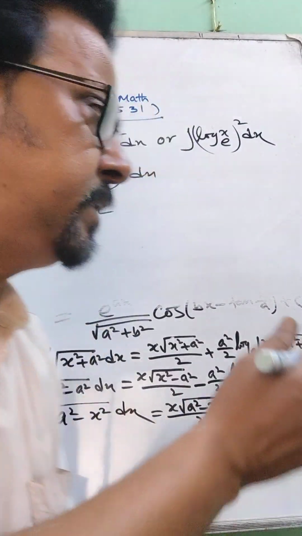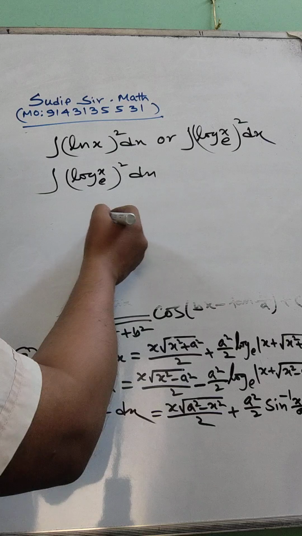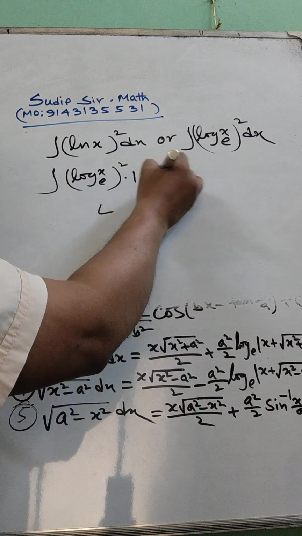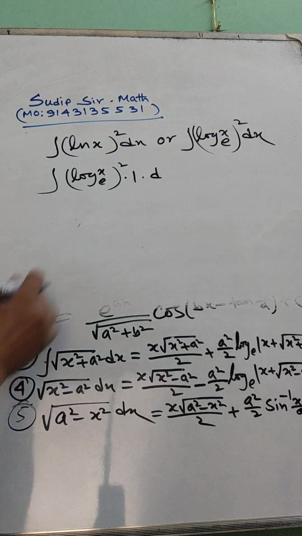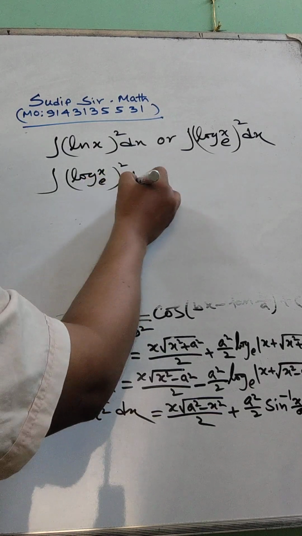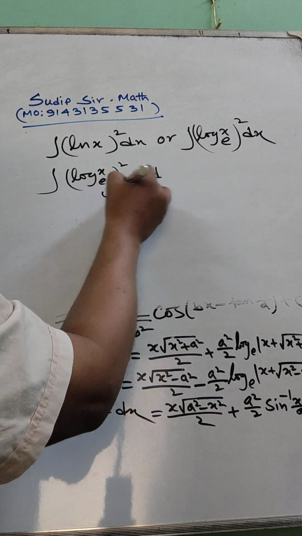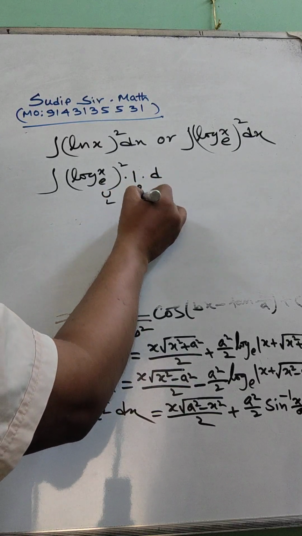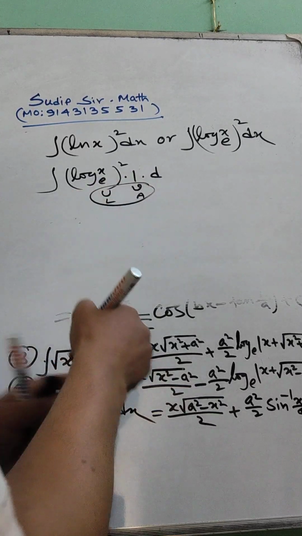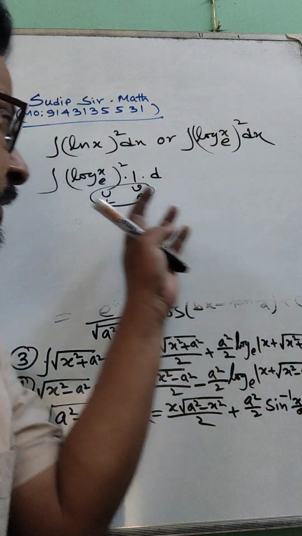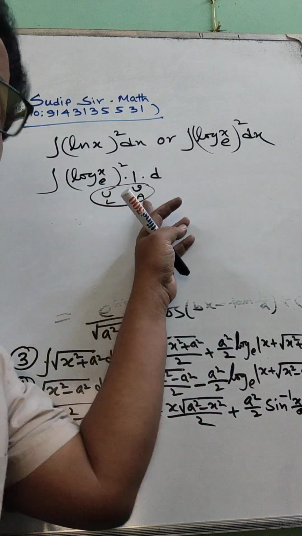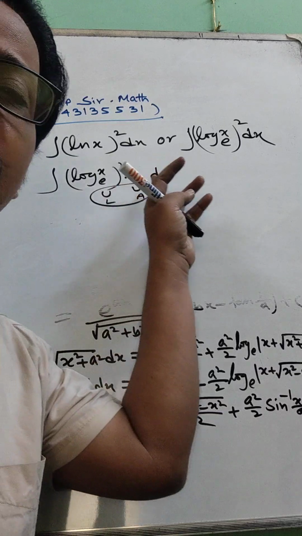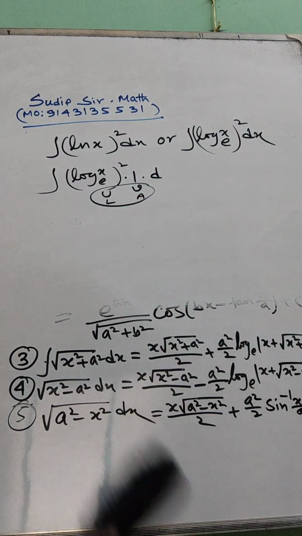So log will be the first function and another one function is 1. This is log and this is algebraic. So for LIATE, this is u, and v is that 1 only.